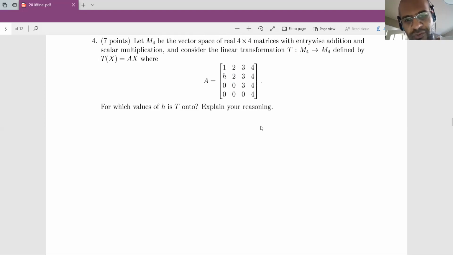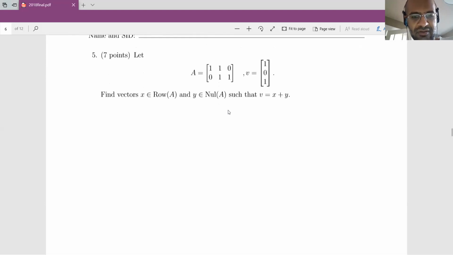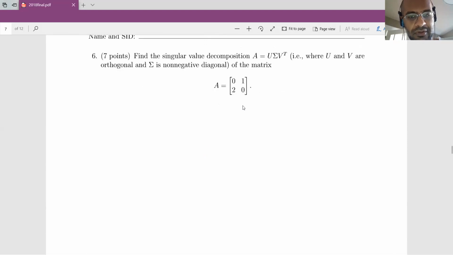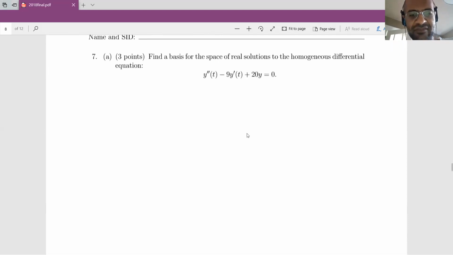So okay, let's vote on which question to do. So we could do maybe 4. This is kind of easy. I mean, this is basically on the midterm. It's a decomposition question. This is compute SVD. That's easy. This is solve ODE.